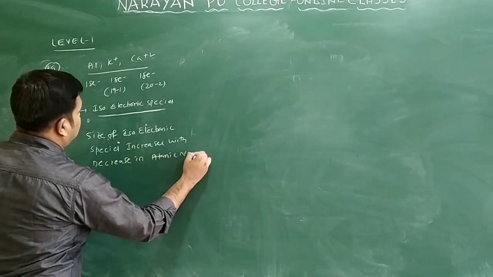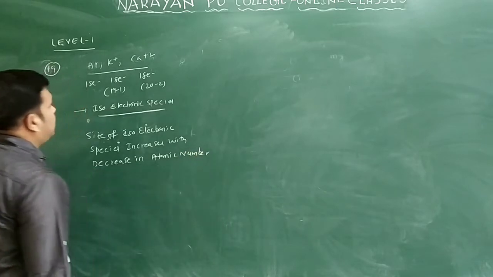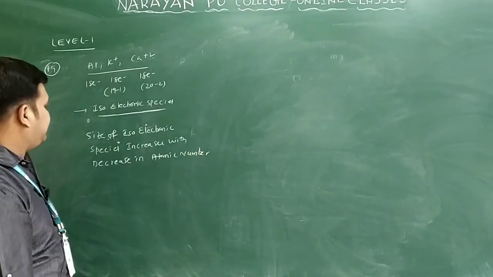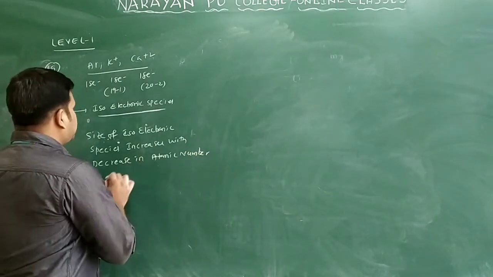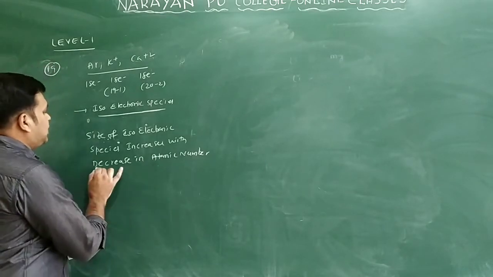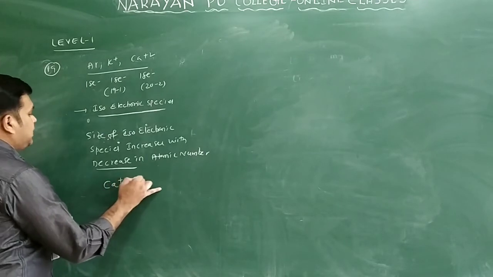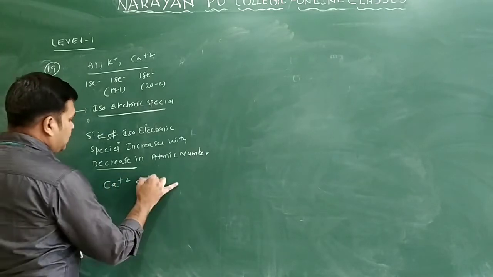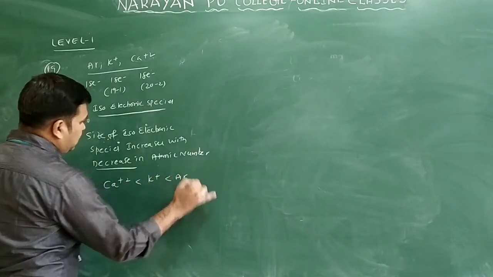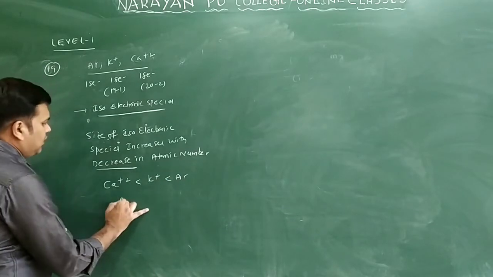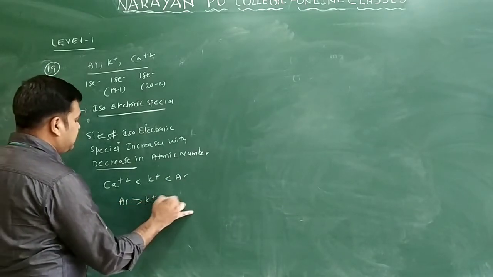Look at the first option: Ca plus 2 less than K plus less than argon. Can I write it like this? Argon greater than K plus greater than Ca plus 2.